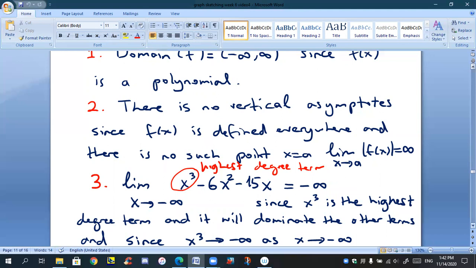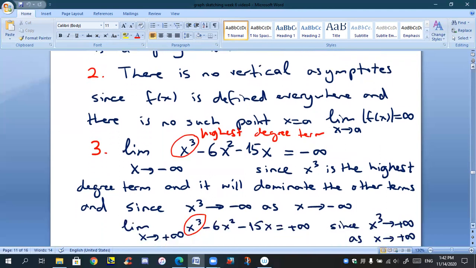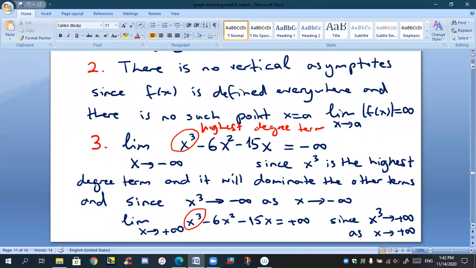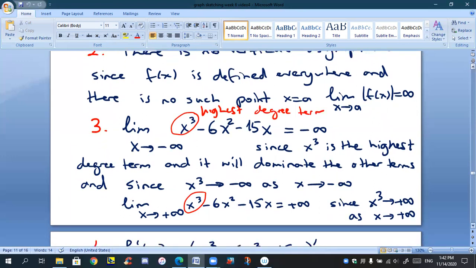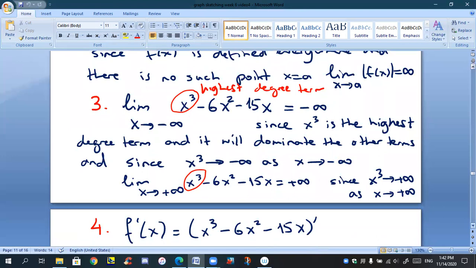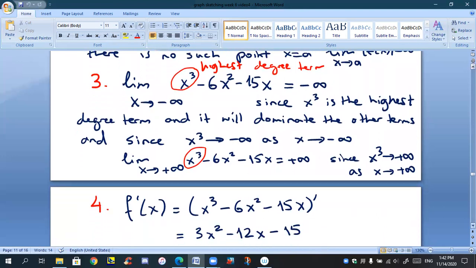Well, it's going to be cubed, so minus infinity will be also minus infinity, because if you multiply minus 3 times, you are going to get still minus. Something very large cubed will be something very large again. But when you look at the x goes to plus infinity limit, x cubed goes to plus infinity also. So the limit of the function is plus infinity as x goes to infinity. So these are the end behaviors of the graph.